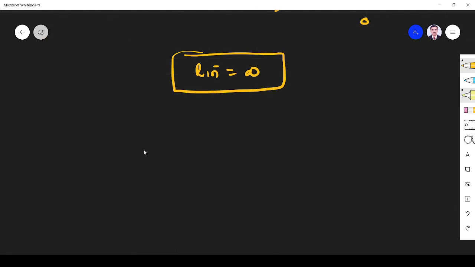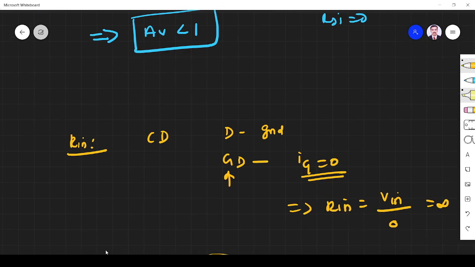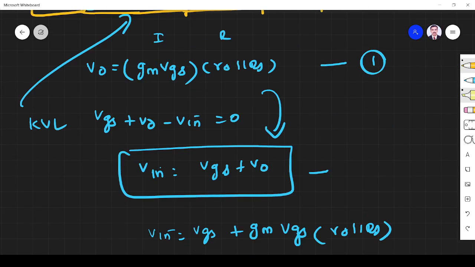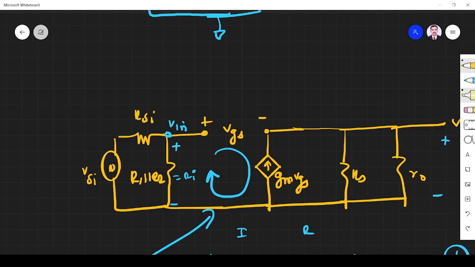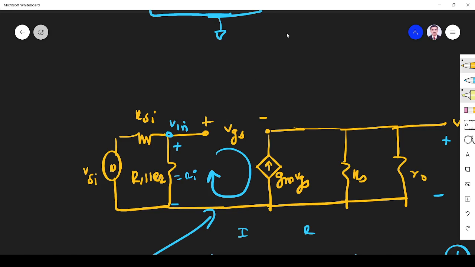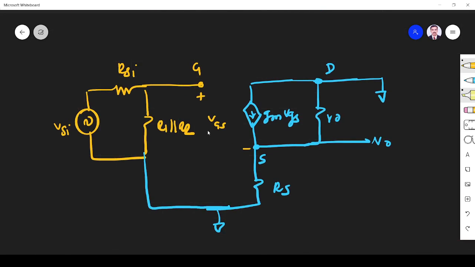Right, now we will find RO. What is the output impedance? You see from the diagram itself we can say directly what is RO. So from the diagram we understand, VGS is the voltage across this current source. So what is the resistance if you neglect this small ro?